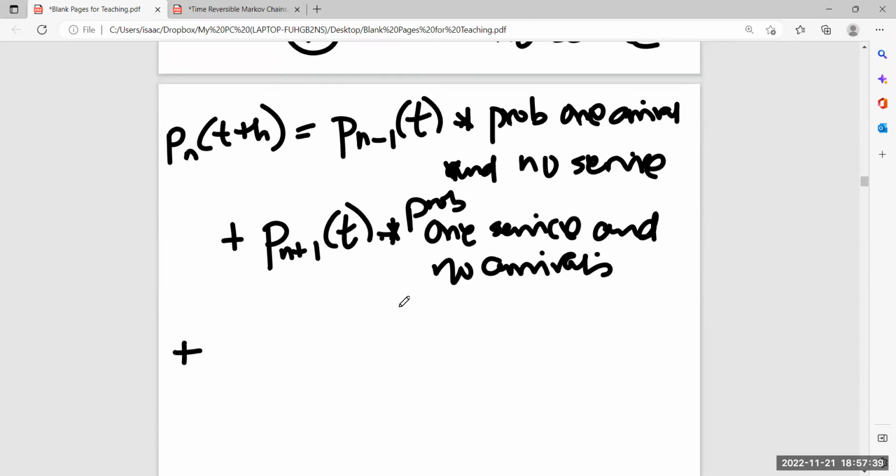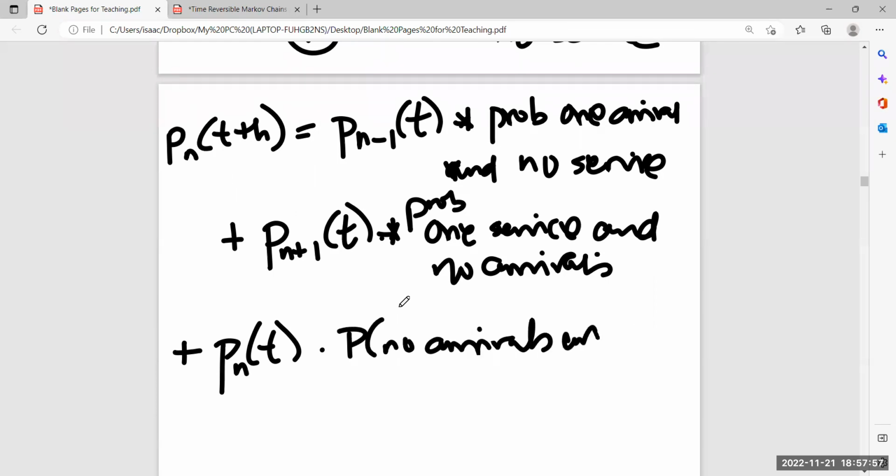Plus the last one is Pn(t). That means that in that small interval h, nobody came in, nobody left. So there's a probability of no arrivals and no service.